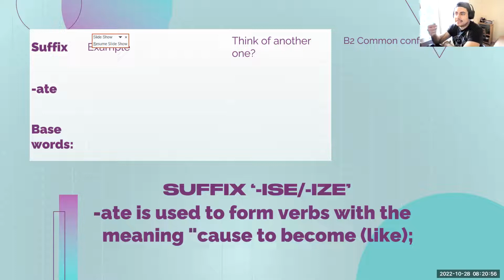This specific suffix is one of these examples. In America, we use the Z, but in England, in Europe, they use an S. Every time you open a British book, it's very probable that you will see words ending in ISE, right?